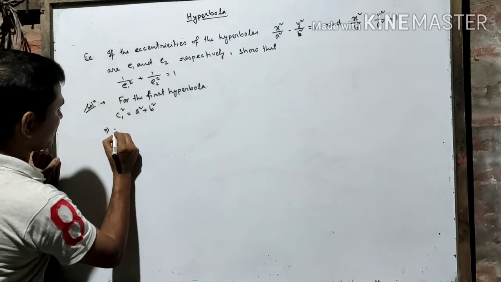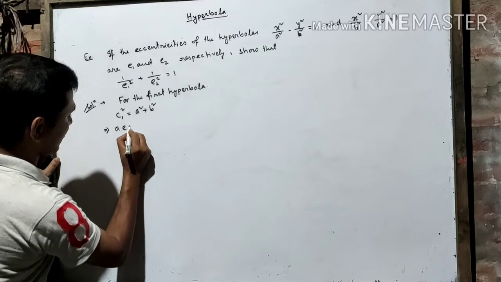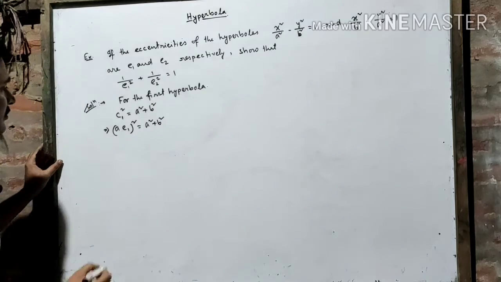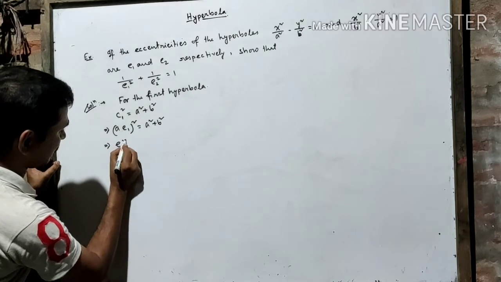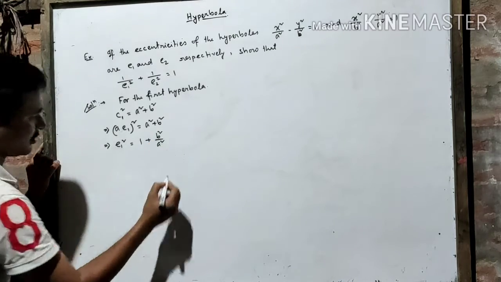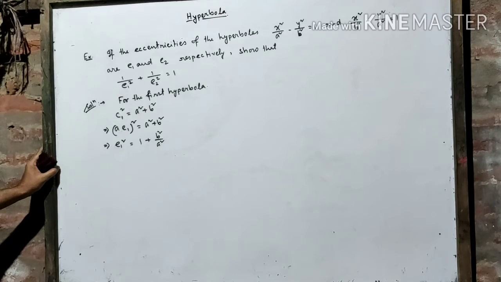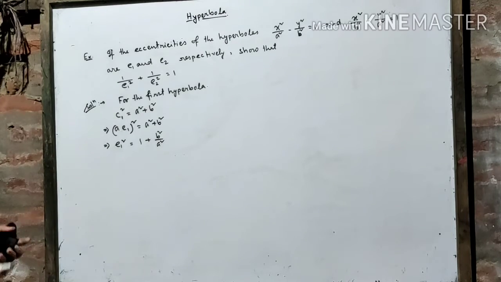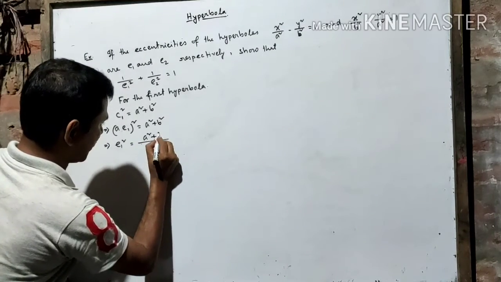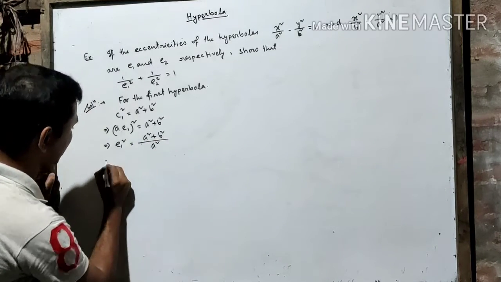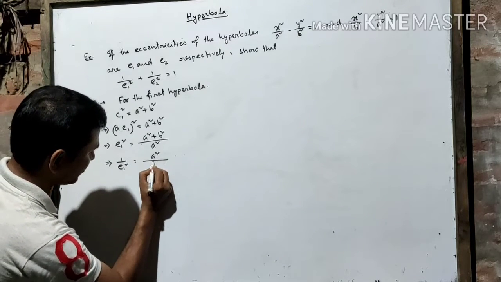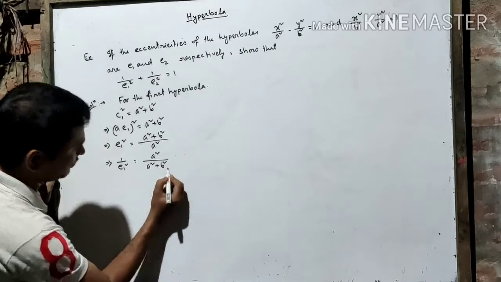And what is c1 square? c1 is a e1, so a e1 whole square is a square plus b square. This implies e1 square is equal to 1 plus b square by a square, or else we write it like this: a square plus b square by a square. This implies 1 by e1 square is equal to a square by a square plus b square.